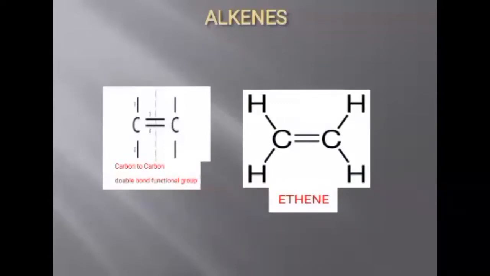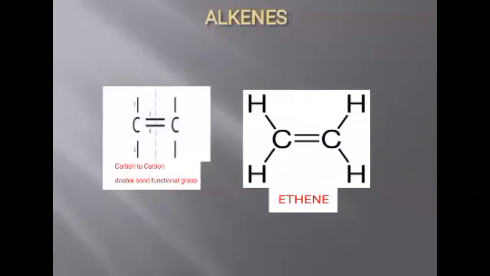When you are naming an organic compound, you take note of the functional groups, so that you know how to name them. Because when you are naming an organic compound, you name it in such a way that the naming will align with the family name, which in this case is the alkene. So if I should name a compound that contains a double bond, I will make sure that the double bond is shown in the naming.